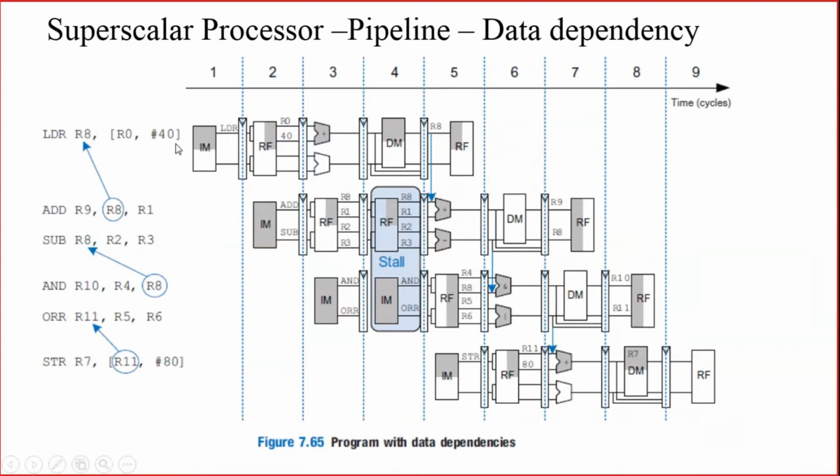When the first instruction is over, the content of this memory location, which is obtained as a result of adding R0 and 40, will be stored onto R8. And in the second instruction, the content of R8, which is generated in the previous step, and the content of R1 will be added together, and the result will be taken back to R9, right?